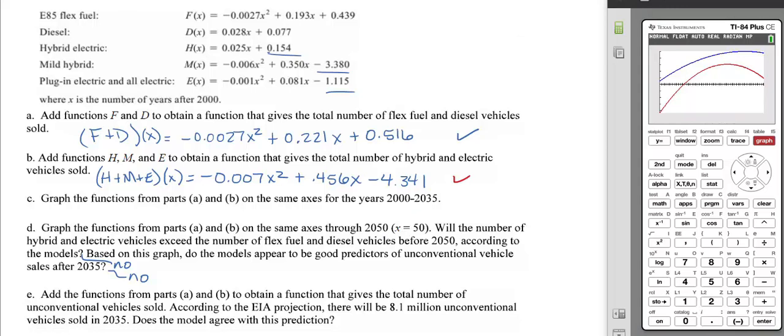In part E, we're adding the functions from A and B to obtain a function that gives the total number of unconventional vehicles sold. So we'll add up our x squared coefficients.